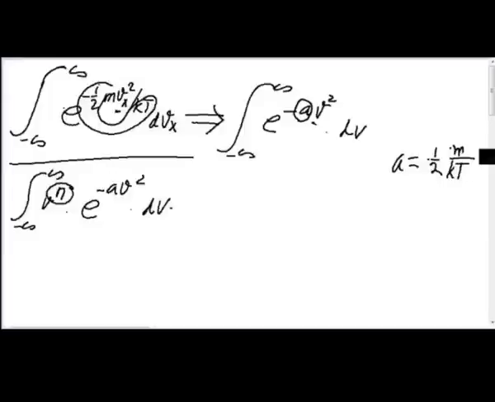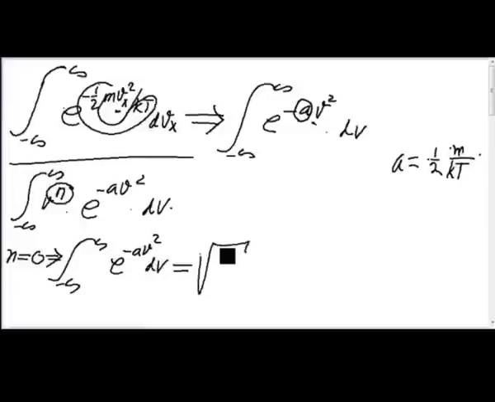Let's go back to this equation. When n is equal to 0, the integral of e to the minus A V squared dV has the solution root of pi per A. When n is equal to 1, the integral of V e to the minus A V squared dV equals 0. Now let's look at our first equation.